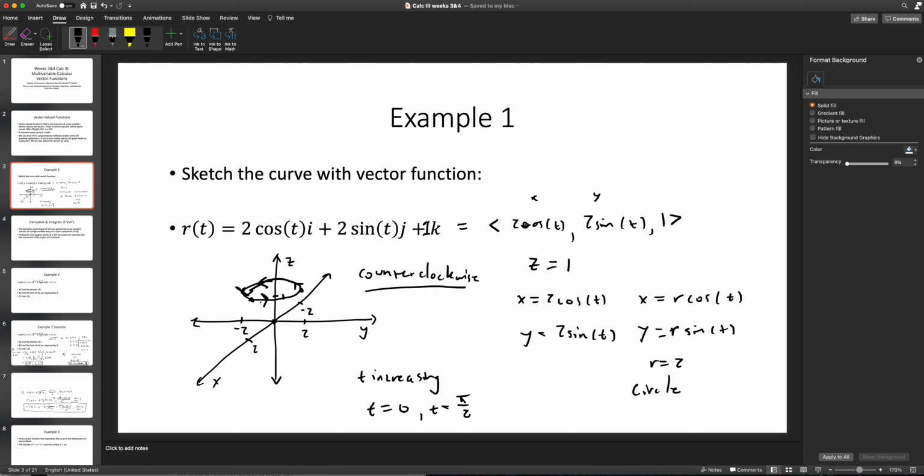Finally, we have to find r prime of t. Here you just take the derivative component-wise. On the first one, we use the chain rule. On the second component, we use the quotient rule. And lastly, for the third component, we just use the property that the derivative of ln of t plus 1 is 1 divided by t plus 1.